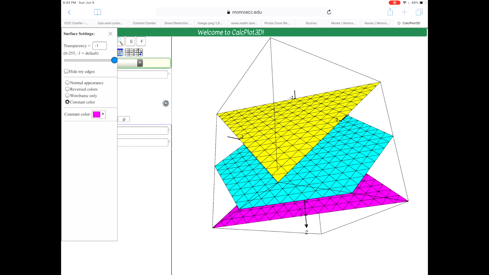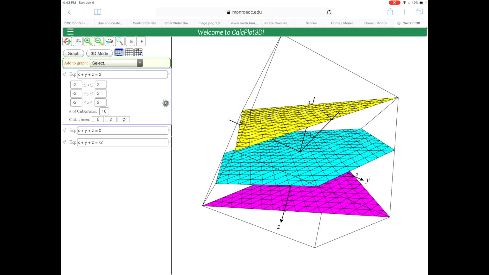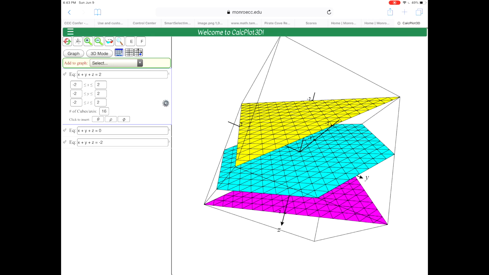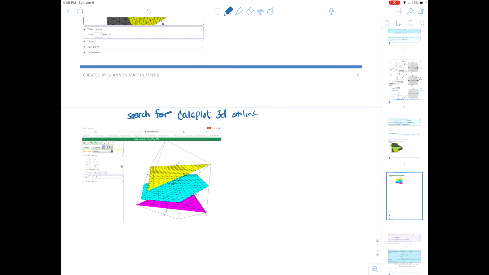All right, so do you see here, you can see at this angle, this is a nice angle here, we've got three planes that don't intersect at all with each other. Cool? This is an example of inconsistent in R3.